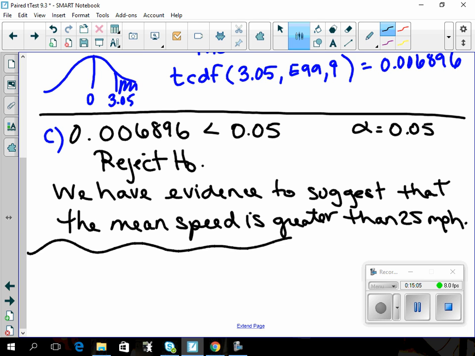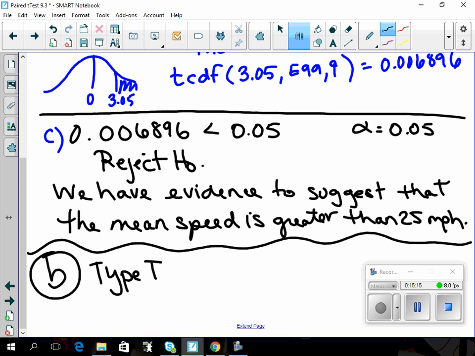And then you have letter B, which is the question, and it's a type 1 error. So you need to say it's a type 1 error. And then you need to explain in context something along the lines, I'm not going to write it down, but maybe the average speed really is 25 miles an hour, but my sample that I collected mistakenly showed that it was much higher.